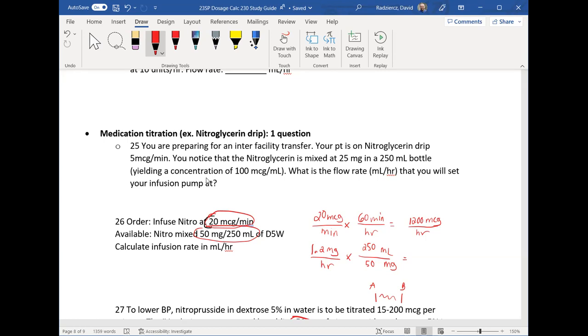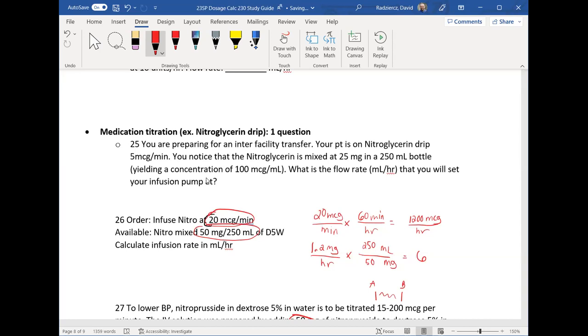Oh, so I already had the answer. It was actually 6 milliliters per hour. Let me just make sure I did all that right.